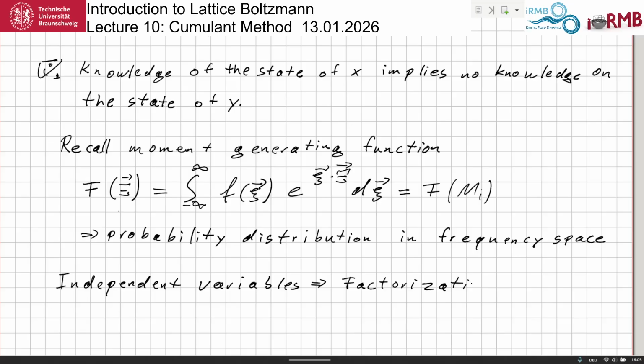So we have a factorization of the distribution, because we have a factorization of the probability.